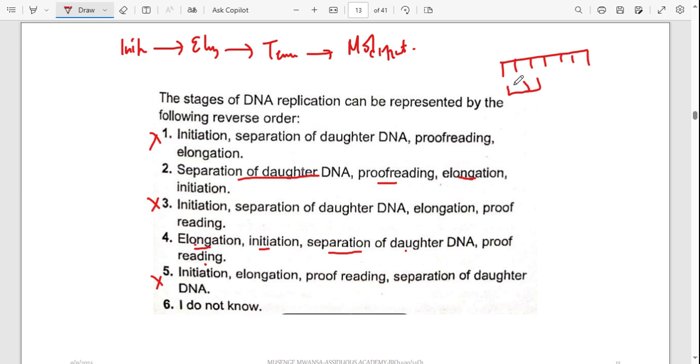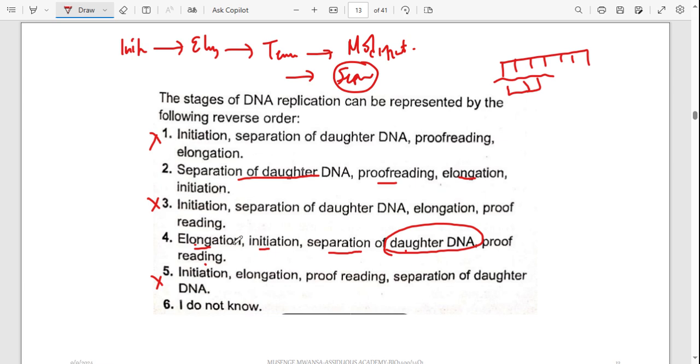The daughter strand is the strand you are forming. The parent is the one the new strand is coming from. So before you separate, proofreading is actually going to happen. After termination there is separation, but before separation can happen, you are going to have proofreading. Okay, hope we get that.